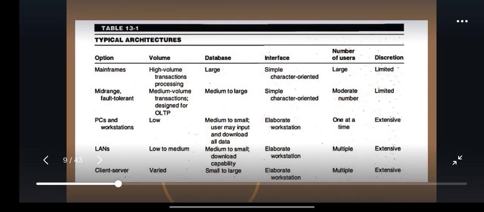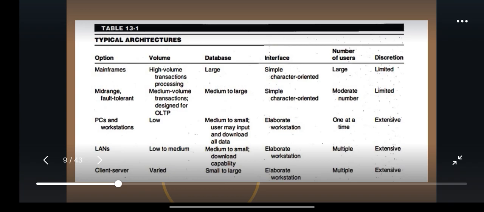So as you all know, here's a table of typical architecture. So here are the options: mainframes, mid-range fault tolerant, PCs and workstations, LANs, client server. The volume of the mainframe is high, transactions processing, and then the mid-range is medium volume of transactions designed for OLTP.